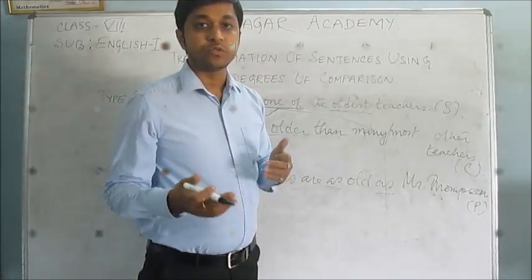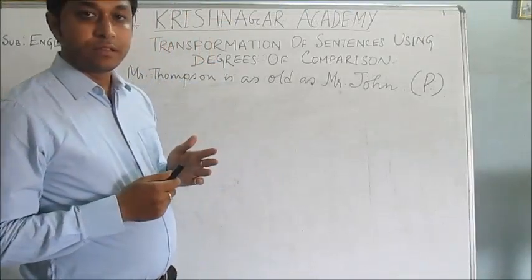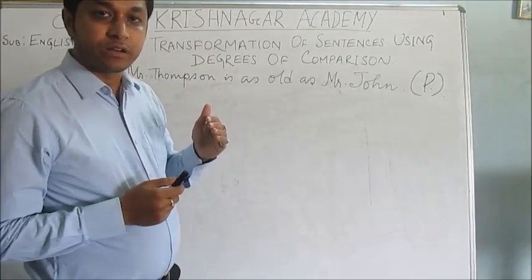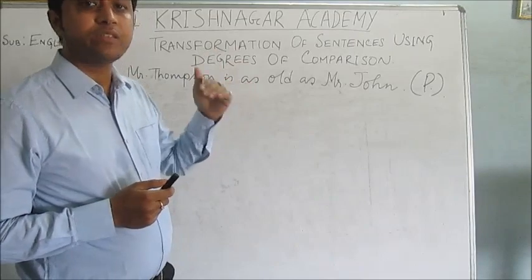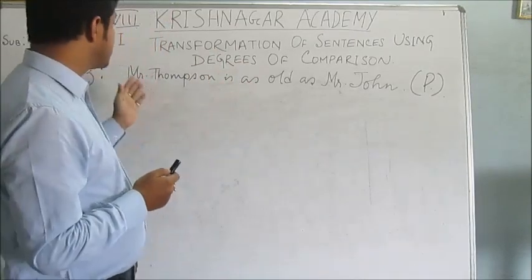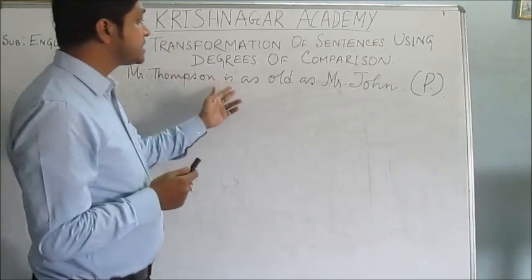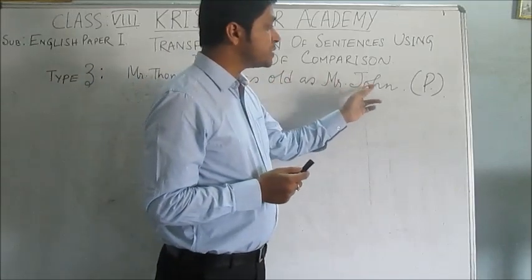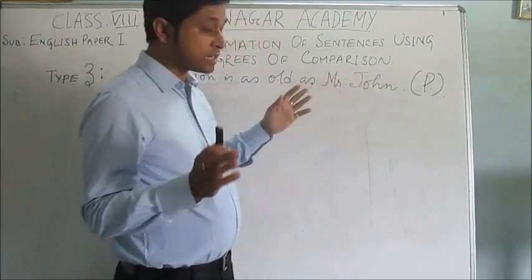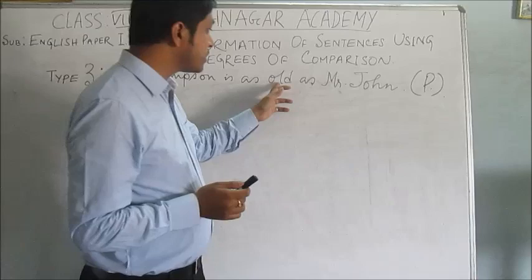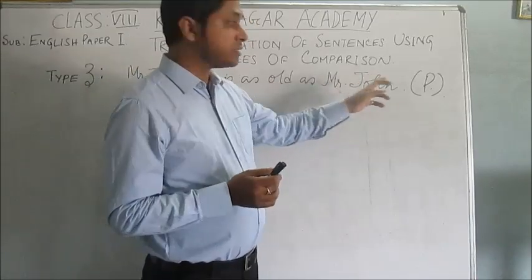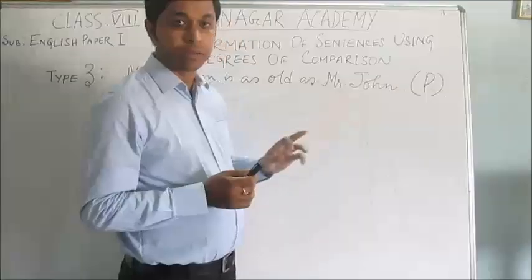Next, we will come to type 3. In type 3, the sentence is quite different from that of type 1 and type 2. The sentence is, Mr. Thompson is as old as Mr. John. It's quite clear to you from the sentence that the word old refers that the sentence is in the positive degree.